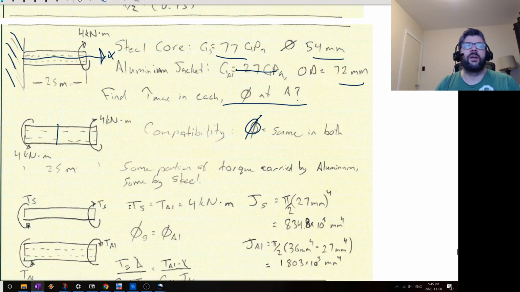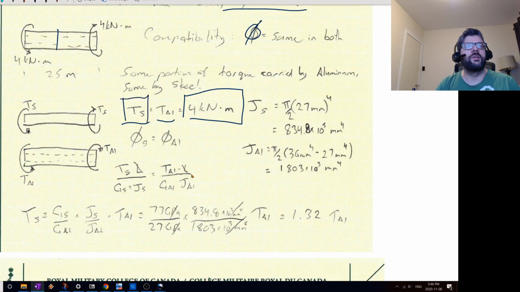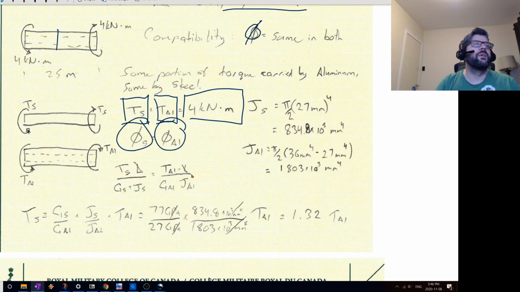We can add those two together, and they will result in the 4 kilonewton meters that we are applying. So the torque in the steel and the torque in the aluminum. And again, our known is that the twist is the same.